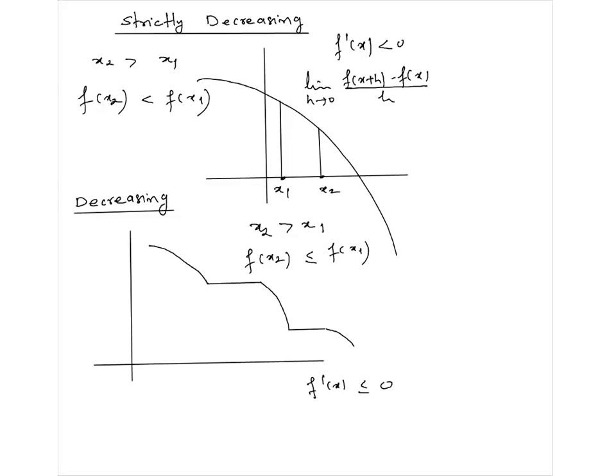There is a private message. If it is initially stationary and then it falls, then will it be decreasing like this case? Initially stationary and then it falls like this. The answer is yes, because the definition says that as long as x2 is more than x1 and f of x2 is less than or equal to f of x1, it will be called decreasing.